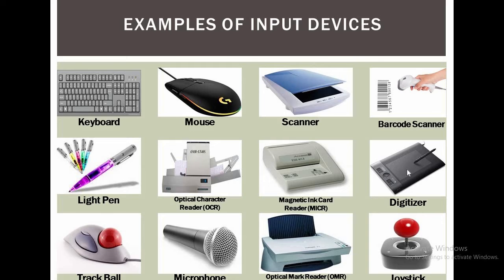Digital signals are simply ones and zeros, which is what the computer understands. So the digitizer is like a converter. It converts from analog signal to digital signal. So that's it for the input unit.